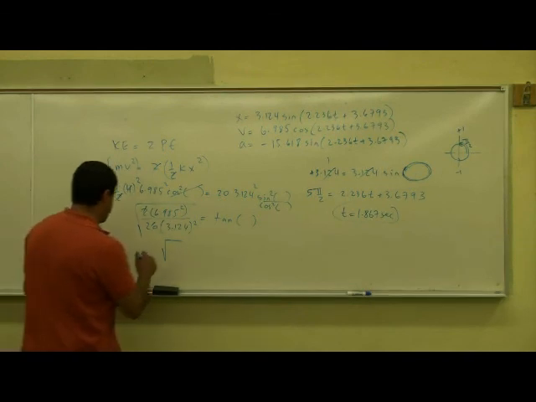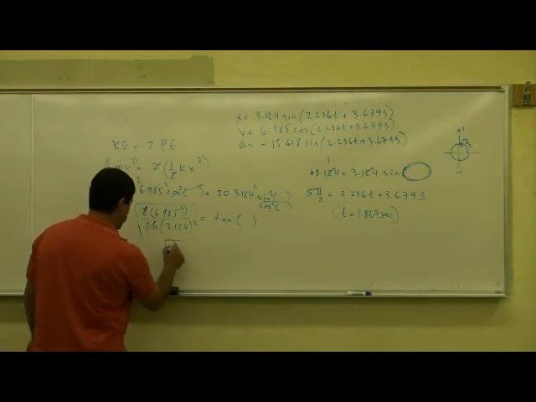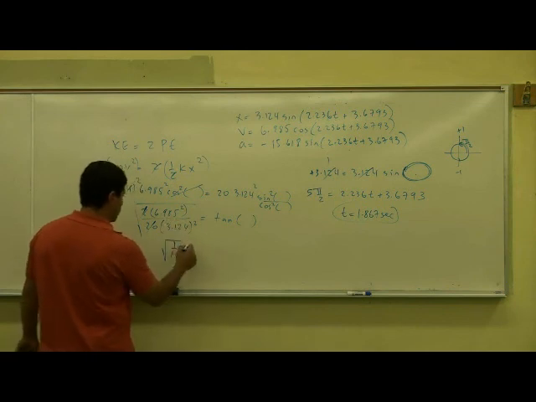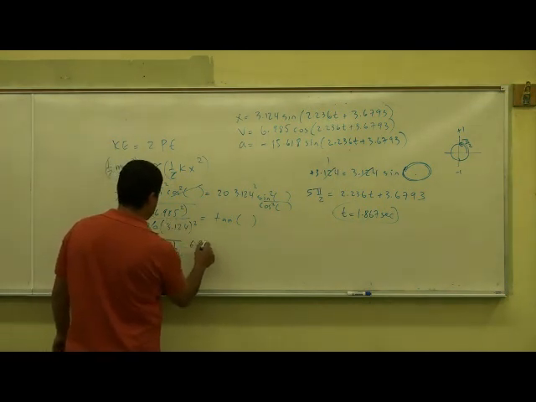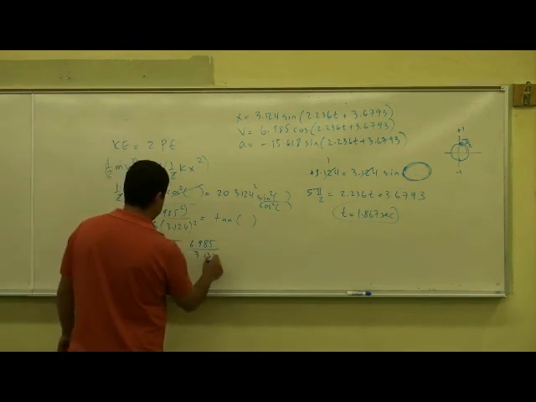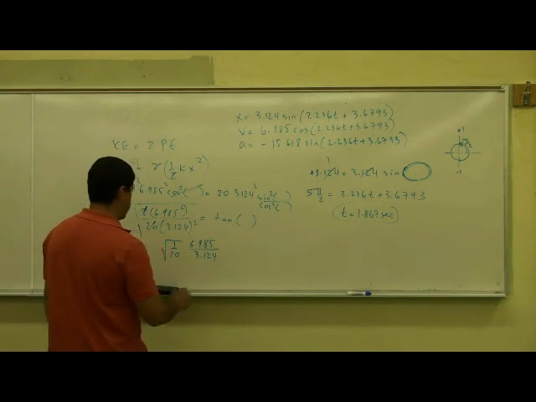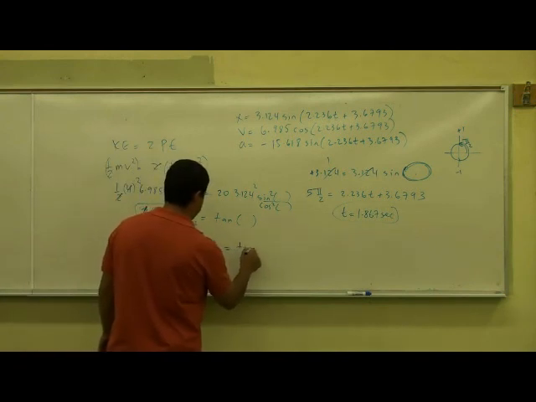Okay, that means I can cancel the 20 here, and I'm going to have 2 over 20, that's 1 over 10. And then this is just going to be basically 6.985 divided by 3.124. And then it's equal to tangent of this angle.